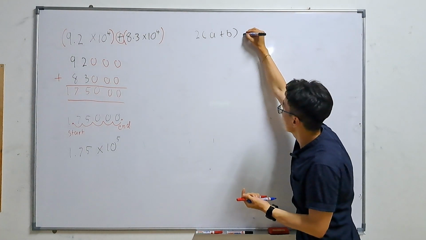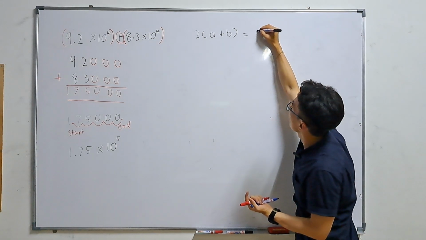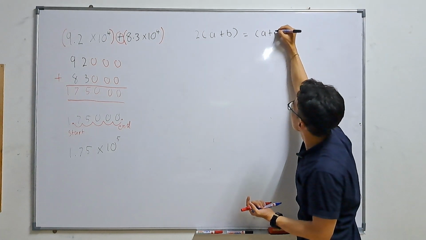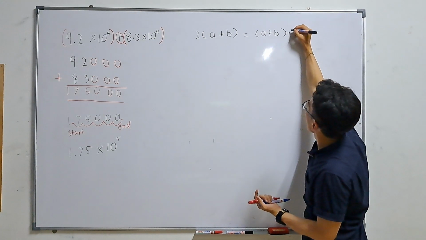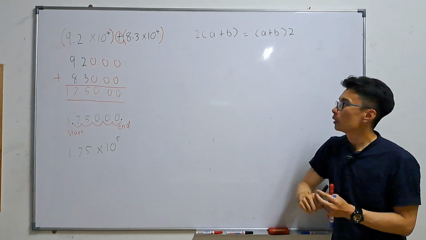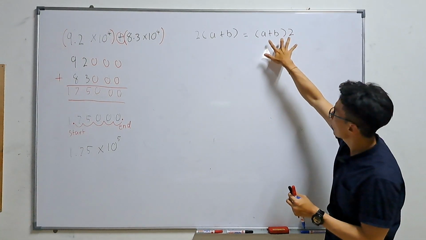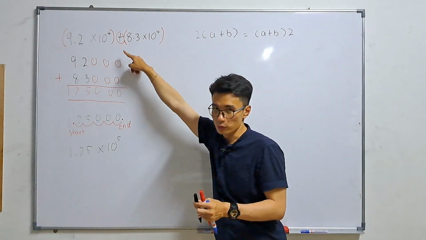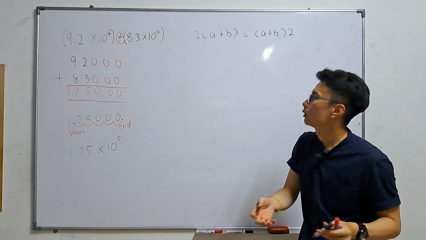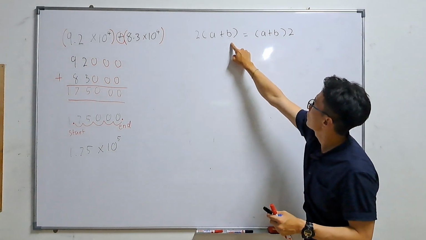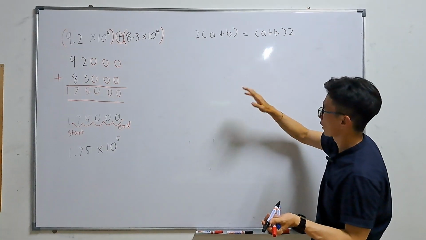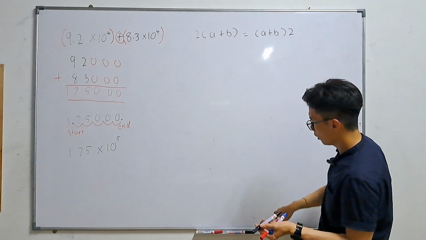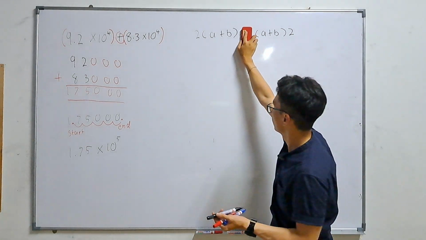So it should be the same if I write it as A plus B and I put 2 over here, right? Okay, now why do I arrange it in this way? Because I want to relate this to this over here so you can see better, right? So basically what you see over here is the same thing, but in this example, I'm going to show it in this way. Yeah? So I'm just going to erase this one.